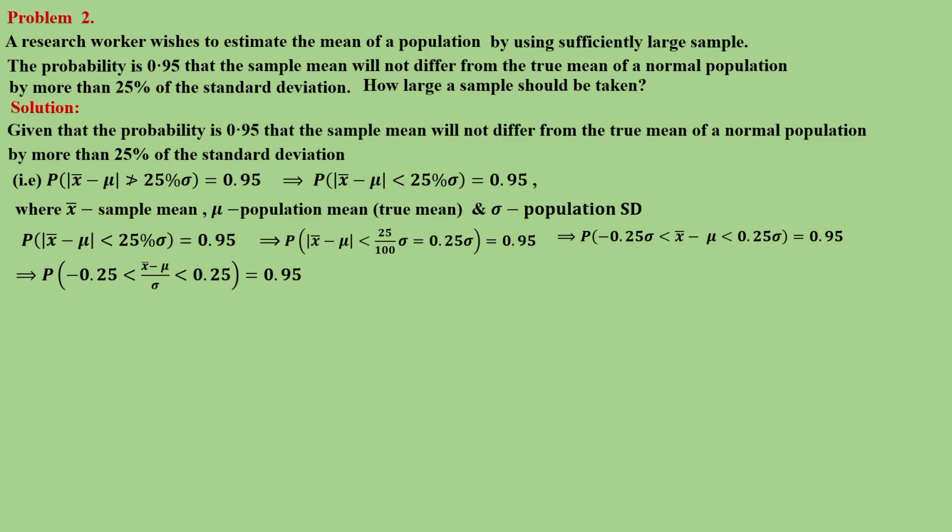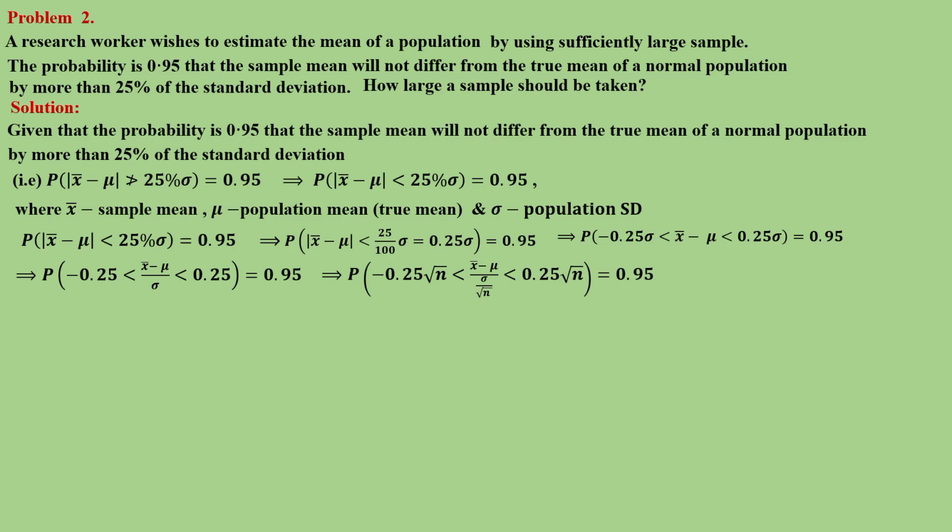Dividing all the inequalities by sigma, probability of minus 0.25 less than x bar minus mu by sigma less than 0.25 equals 0.95. Multiplying the inequalities by root n, probability of minus 0.25 root n less than x bar minus mu by sigma into root n less than 0.25 root n equals 0.95.